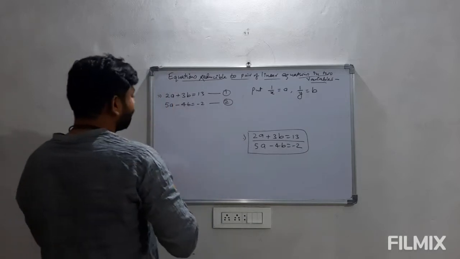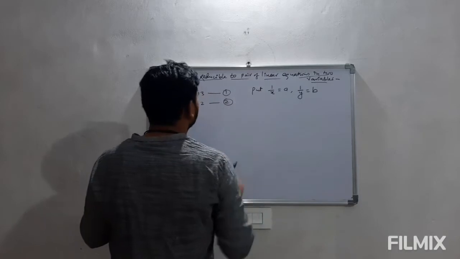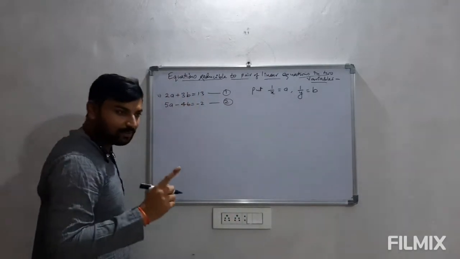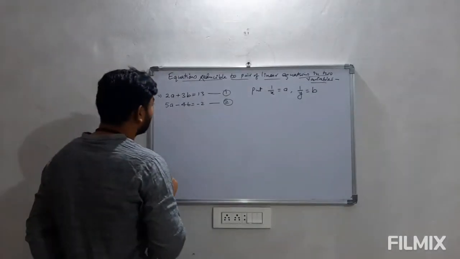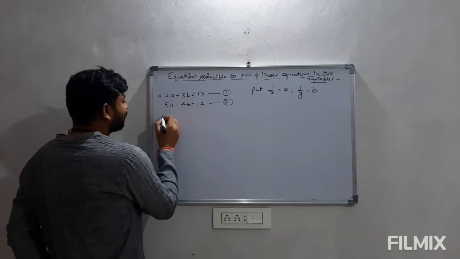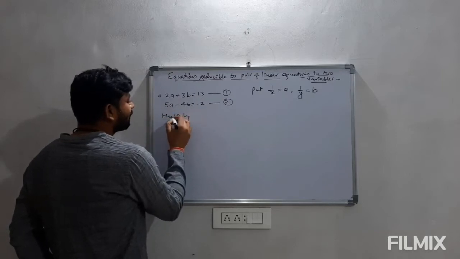Now we can use our three methods, which we have discussed in the last video. What are they? Substitution method, elimination method and cross multiplication method. Suppose I use elimination, and for this we have to multiply and get the coefficients equal.